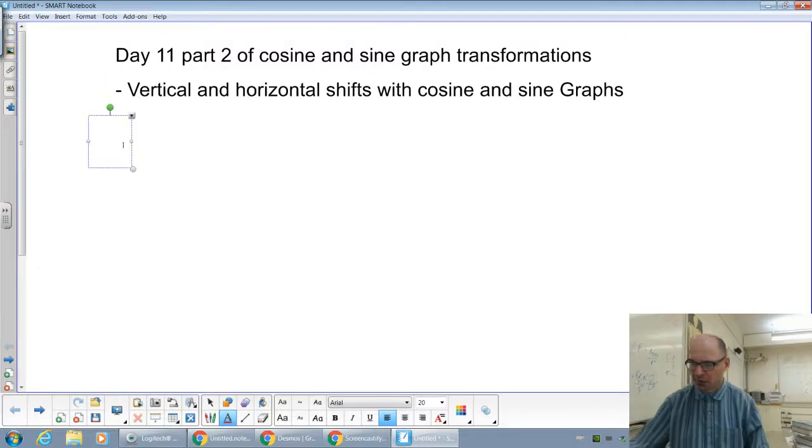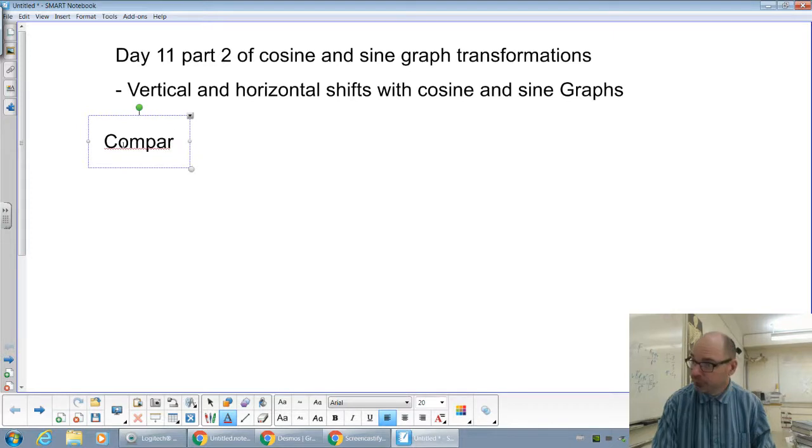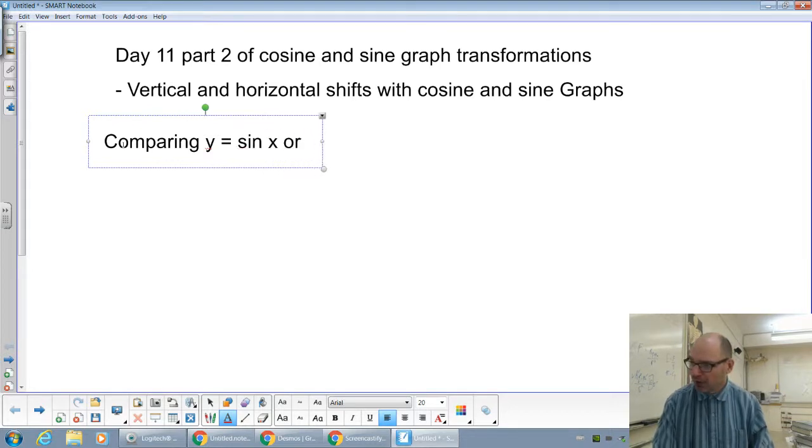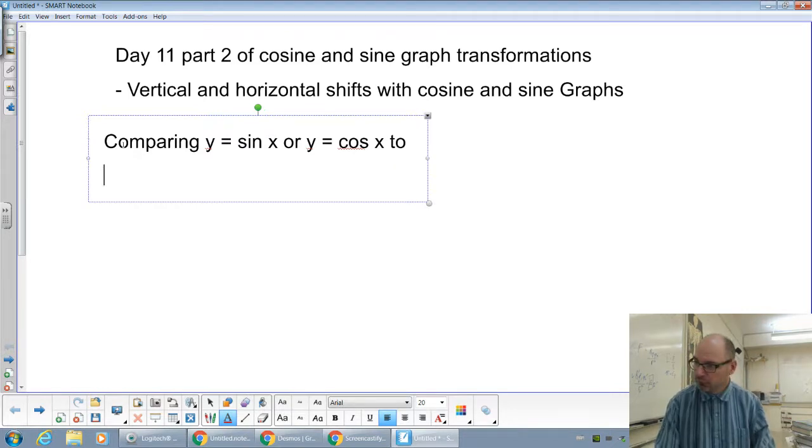Okay, so what we're doing is we're comparing y equals sine x or y equals cos x to y equals sine of x plus c, or the y equals cos version.